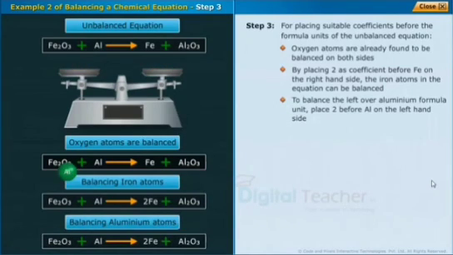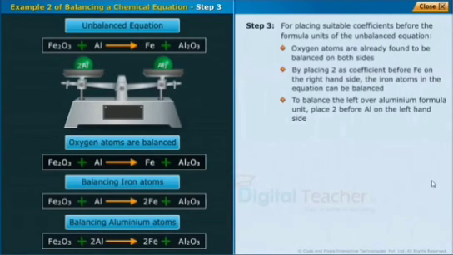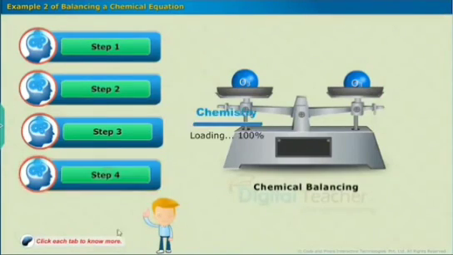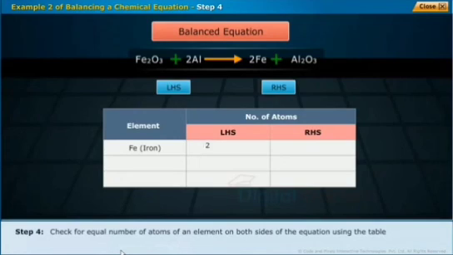To balance the leftover aluminium formula unit, place 2 before Al on the left-hand side. Step 4. Check for equal number of atoms of an element on both sides of the equation using the table.